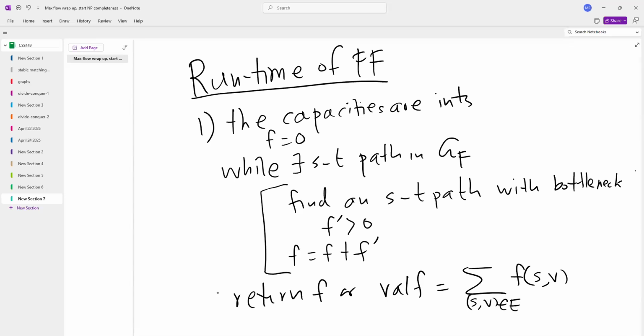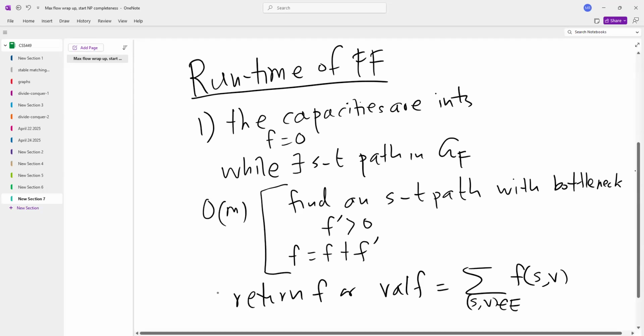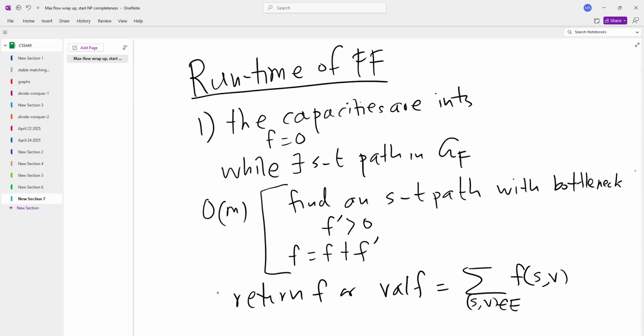Because you can use depth first search to find a path, which is order of the number of edges. So every time to find an s-t path you need order of m time, right? And even this addition is also O of m, because you're adding at most m edges. Okay, and now the question is how many times do I need to run this while loop?